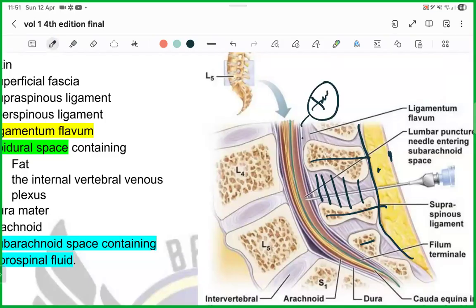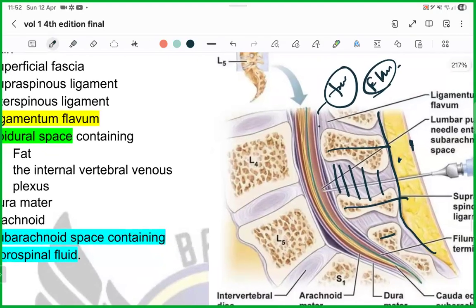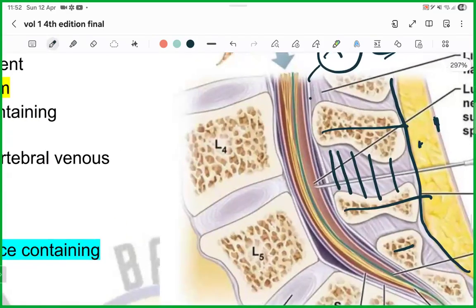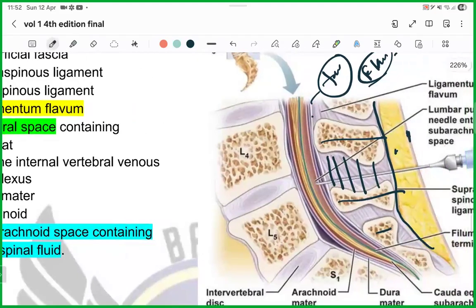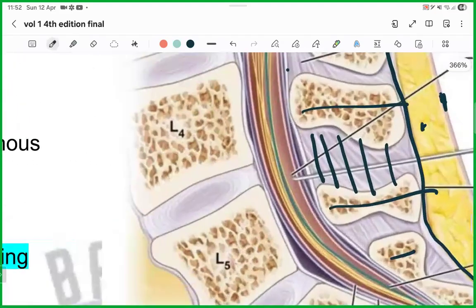And you may find a resistance, and you push the needle and you hear a subtle sound. That means you have crossed the ligamentum flavum. Because it is tough, that's why you get resistance. And when the resistance goes, that means you are inside the vertebral canal.